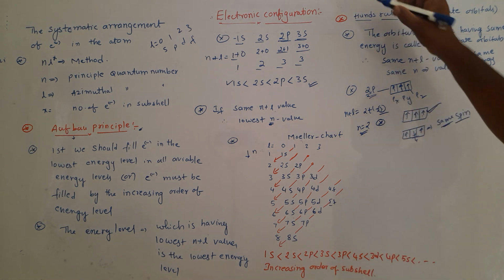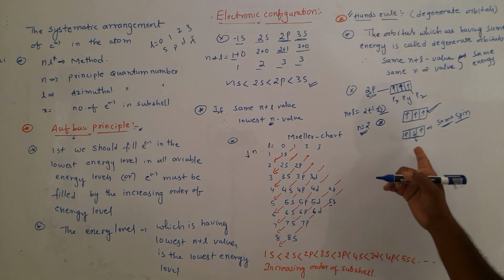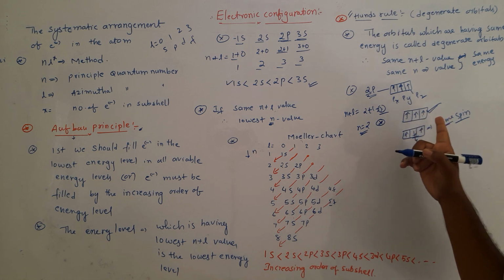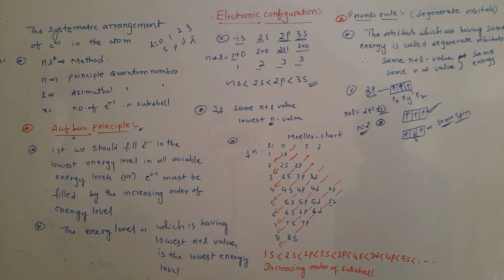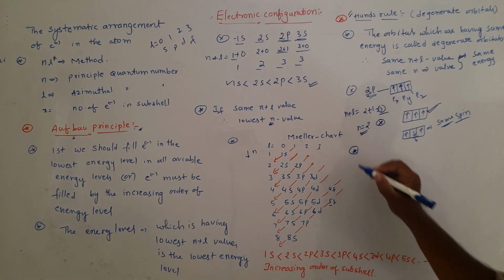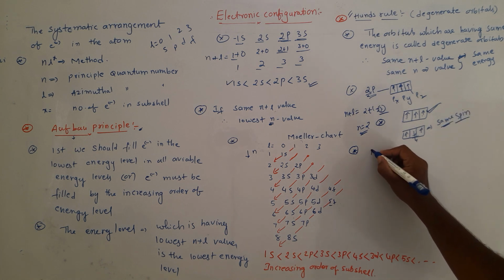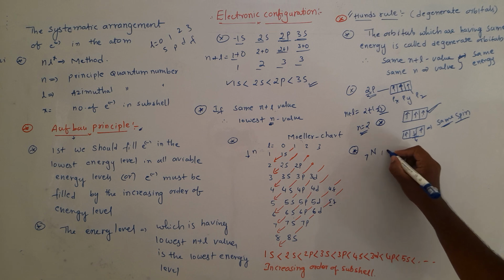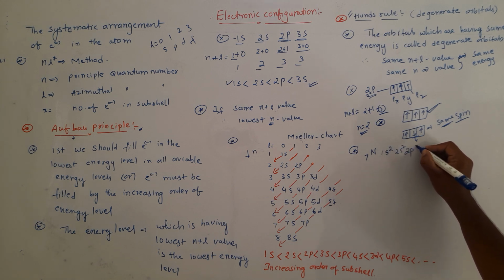So how do we define Hund's rule? Hund's rule says that in degenerate orbitals, after filling 1 electron with the same spin in each, we need to start pairing. That is Hund's rule. For example, nitrogen, atomic number 7, its electronic configuration is 1s2, 2s2, 2p3.